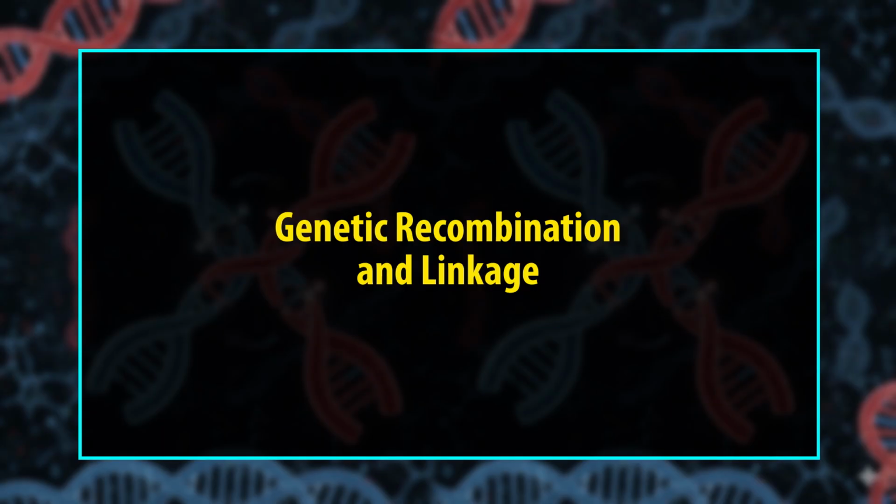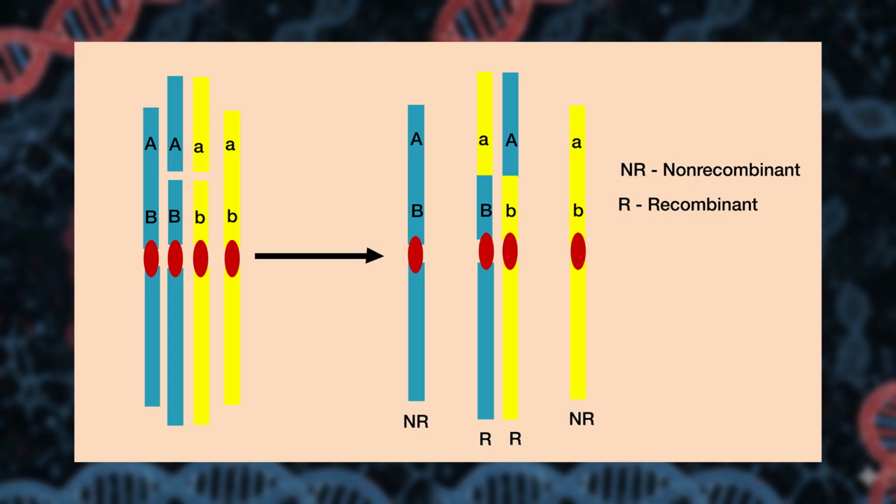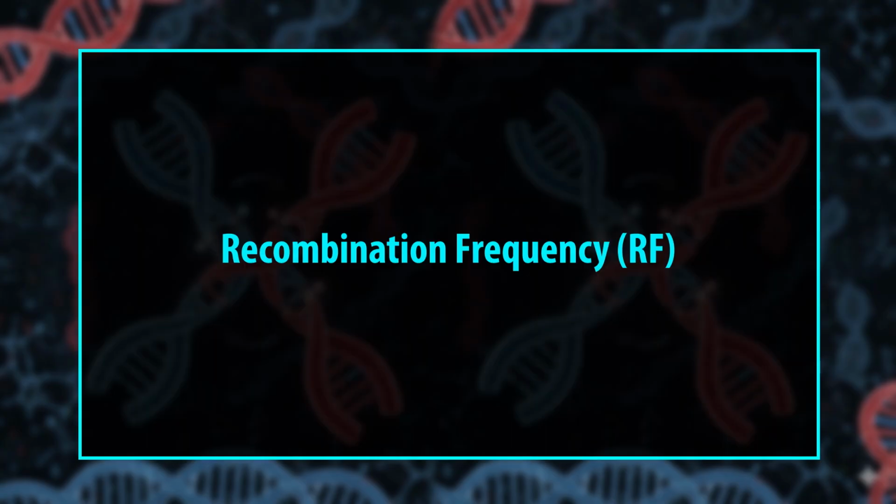Genetic recombination and linkage. Parental versus recombinant. Parental non-recombinant types. Offspring inherit the same allele combinations as parents. Recombinant types. Offspring show new combinations due to crossing over. Recombination frequency.